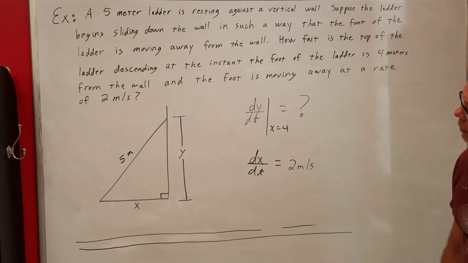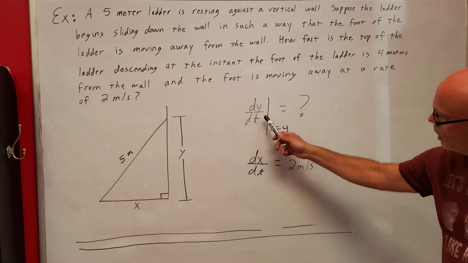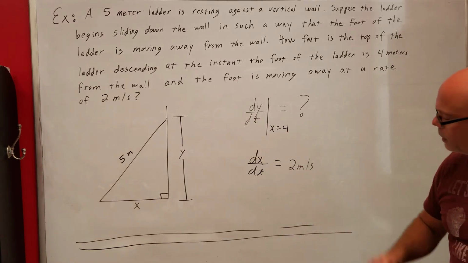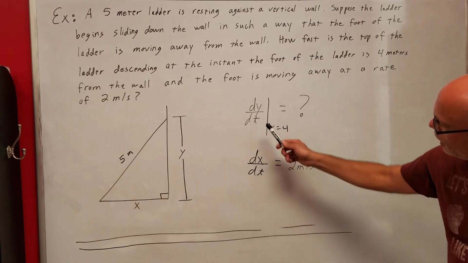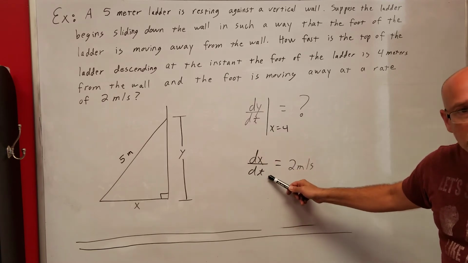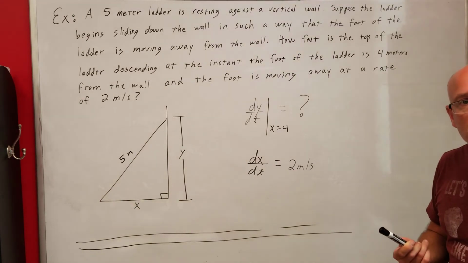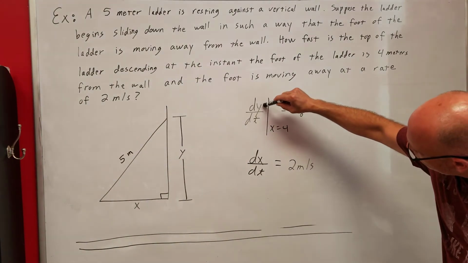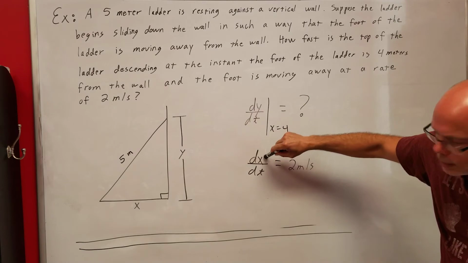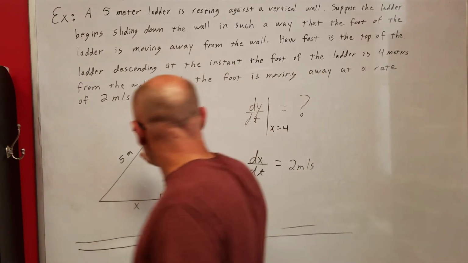All right, so what do I have here? dy over dt I need to find. dx over dt is given to me, but I'm going to take the derivative of an equation with respect to t. So what is that equation? It's going to need to involve y and x. Look at this triangle.